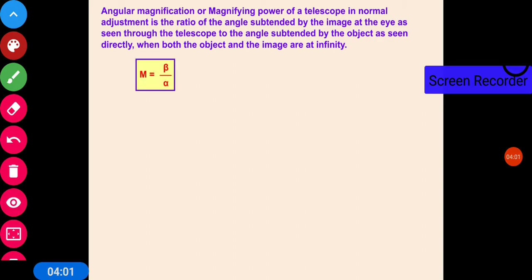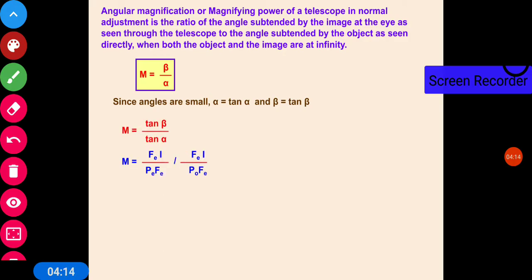So m is equal to beta upon alpha. Since angles are small, alpha can be taken as tan alpha and beta as tan beta. So m is equal to tan beta upon tan alpha. Now, from the previous figure, we can write tangent beta is perpendicular upon base, so F naught I upon PE FE, and tan alpha is F naught I upon P naught F naught.